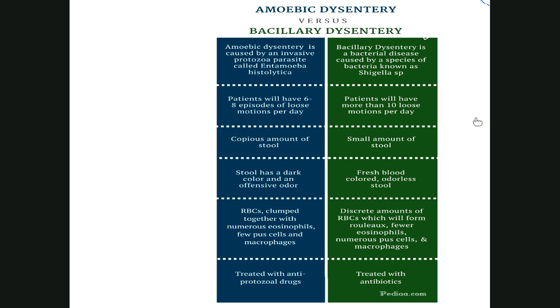That is why it is given the name Entamoeba histolytica. Histolytica, from histiocytes, means the organism which destroys the histiocytes. Lytic means lysis. So this is a very important finding in the stool examination, which differentiates this from bacillary dysentery, that there will be no pus cells in the stools.